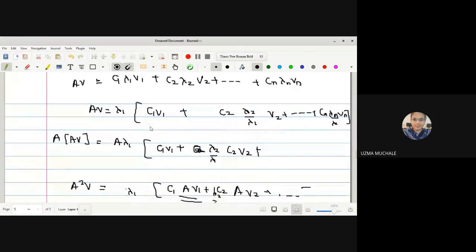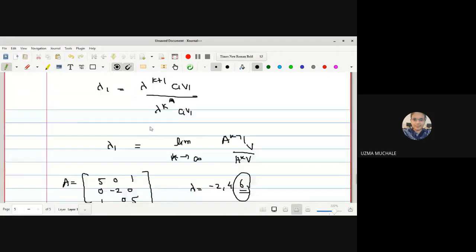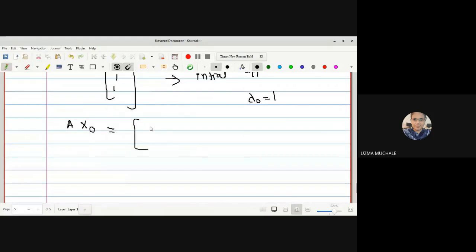So A b, in the very similar way, we write as A into x naught. Now we have matrix A and x naught as well. Multiply these two. The resultant matrix is 3 cross 3 times 3 cross 1.